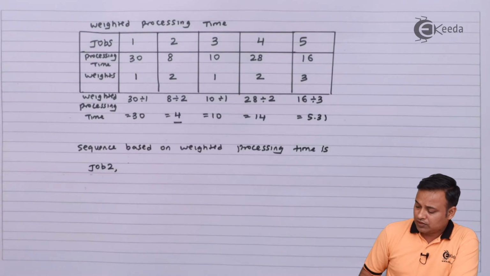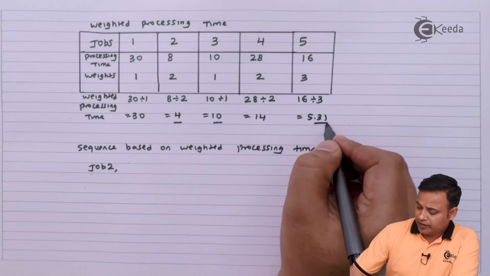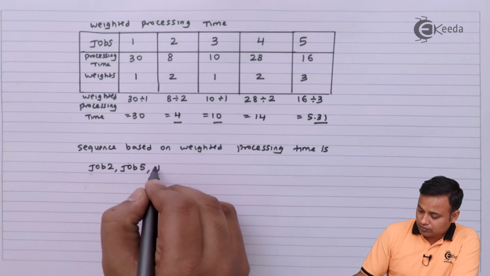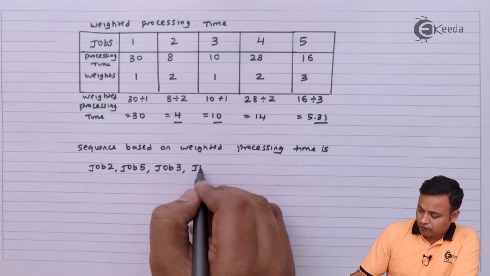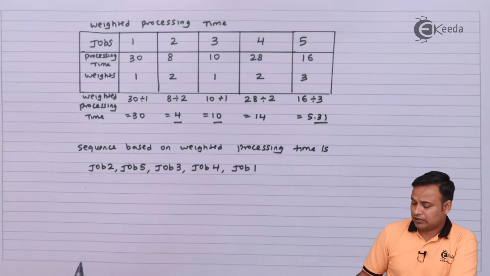Once job 2 is done, then it is job 5. Next job 3, then job 4, and last will be job 1.